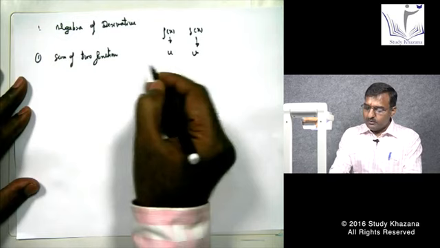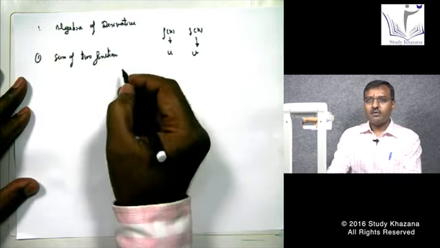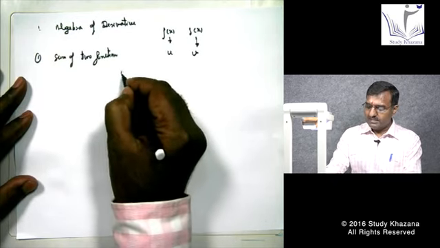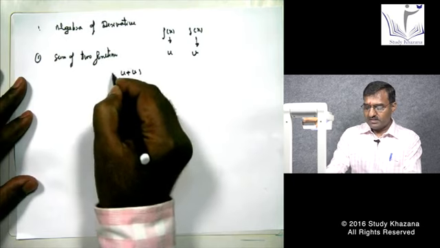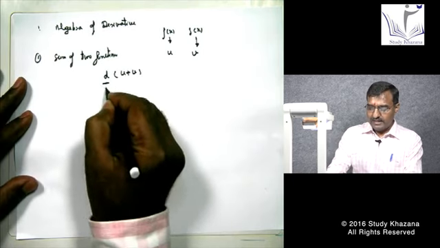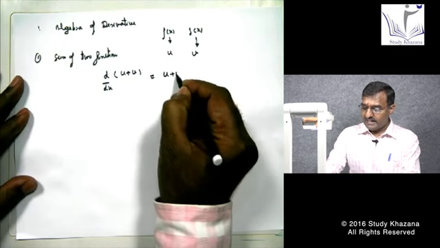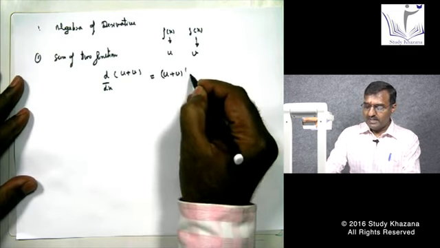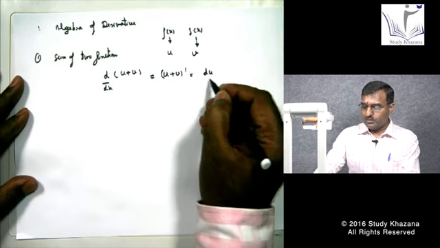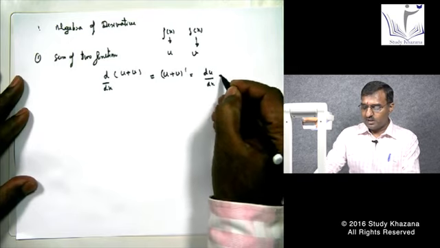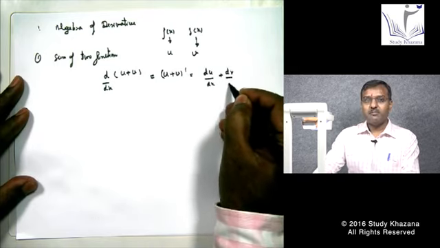Now I write u plus v, and d by dx, that is the derivative of u plus v. So I can write (u plus v) dash, and this is equal to du by dx plus dv by dx.